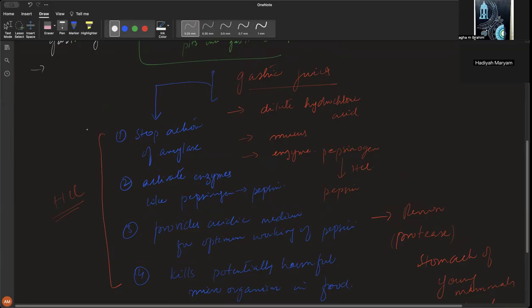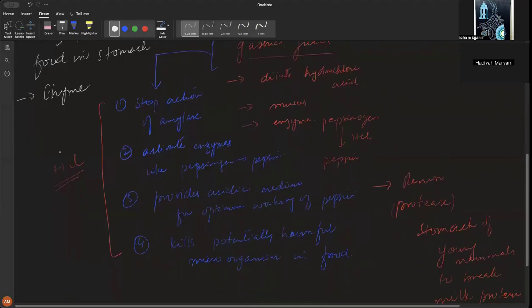The food remains in the stomach for 3 to 4 hours, and then it forms chyme, which is partially digested liquefied food.